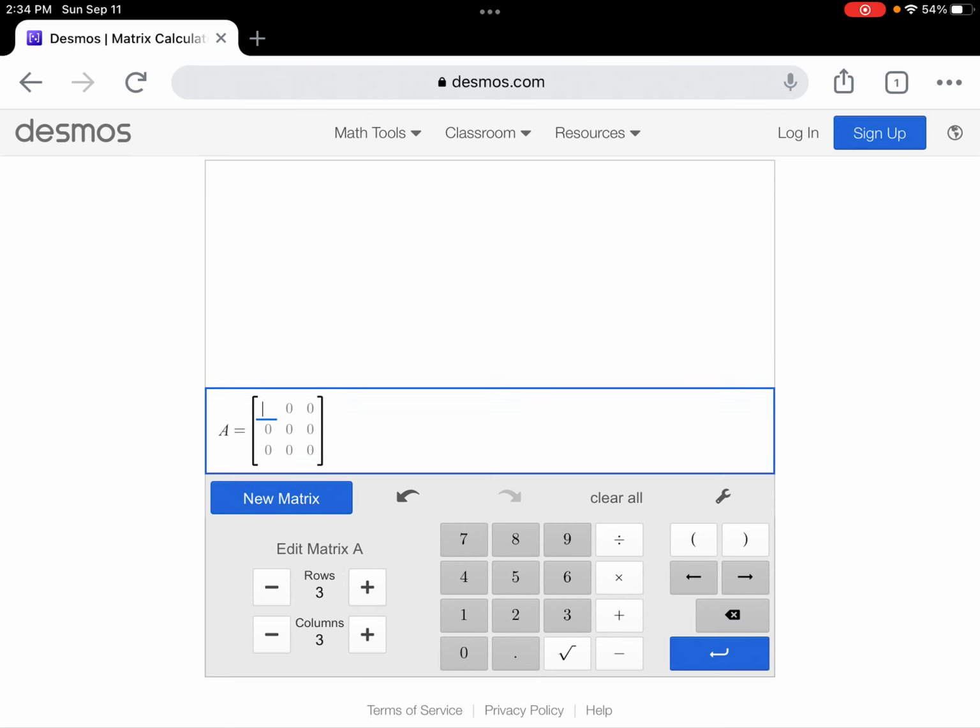Now you're going to want to make your matrix a little bigger, right? You're going to want to make it a 3 by 3. Hopefully you're typing these numbers in faster than me. If you're using your computer, almost too easy. I'm trying to do this on an iPad. Looks like I still mistyped a number there, which brings up a good point.